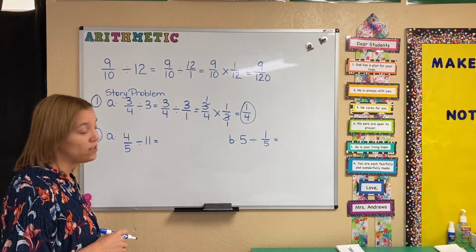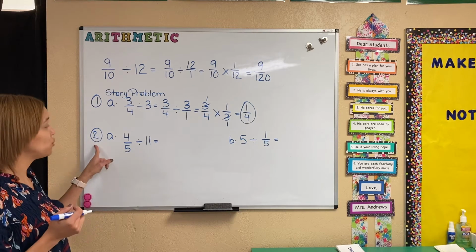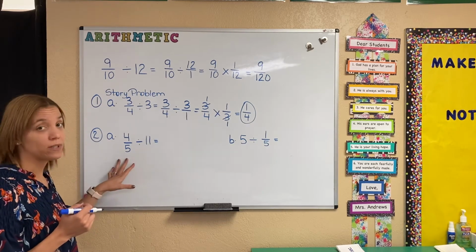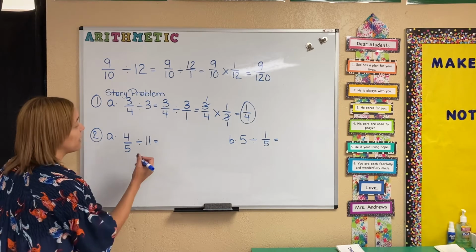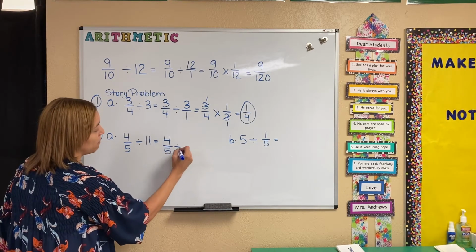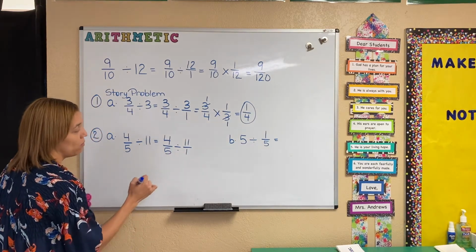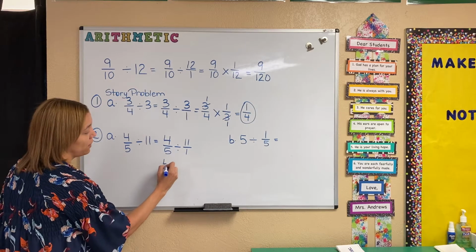This is also on your class practice, this is gonna be number 2A. Let's do it together. So we have 4/5 divided by 11/1. And now we go ahead and invert the fraction.